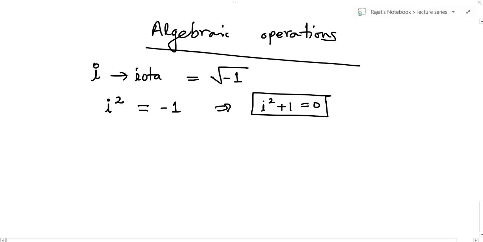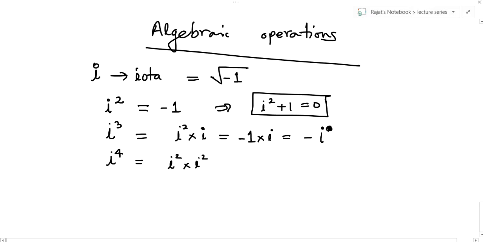If I ask you what will be i cube, this will be nothing but i square into i, and i square is -1, so -1 into i, which is minus i. If I ask you what will be i to the power 4, it is nothing but i square into i square. So -1 into -1, which is 1. So i to the power 4 is equal to 1.